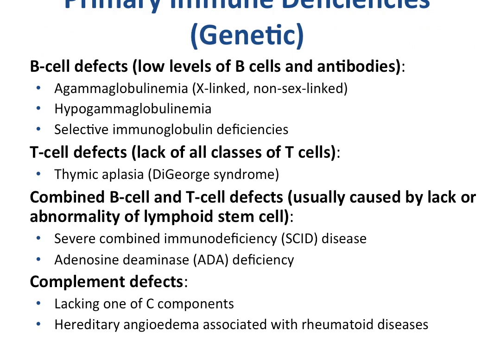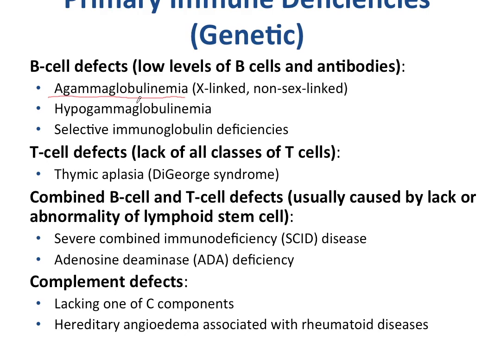Immunodeficiency can be induced by a B cell defect. Since B cells produce antibodies, if the patient has a B cell defect, the patient will have a very low level of gamma globulin.